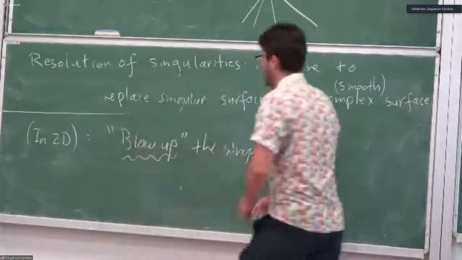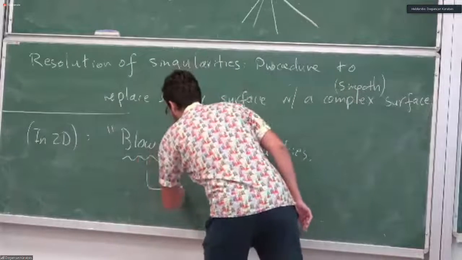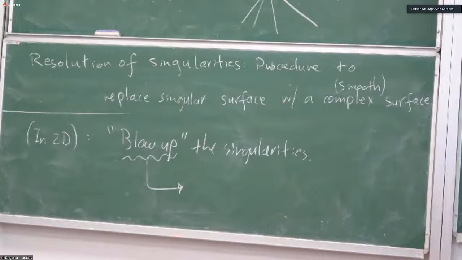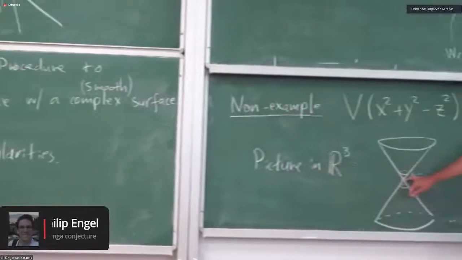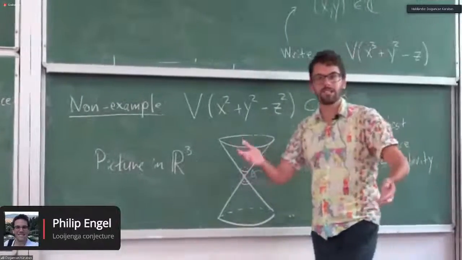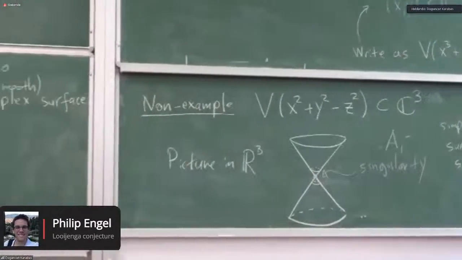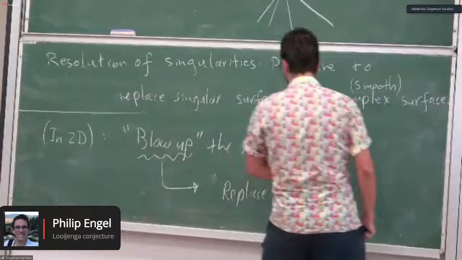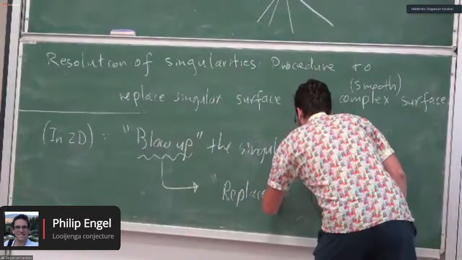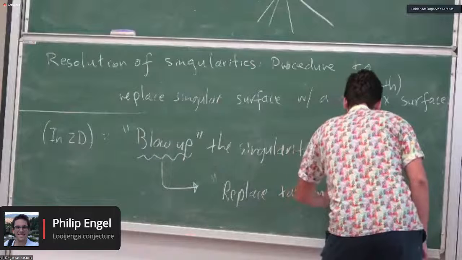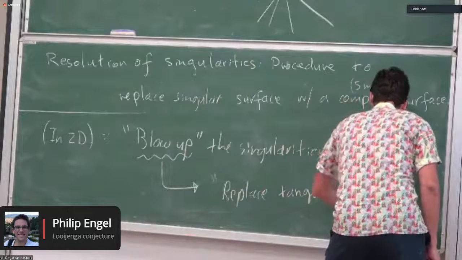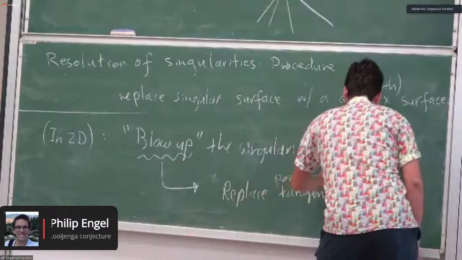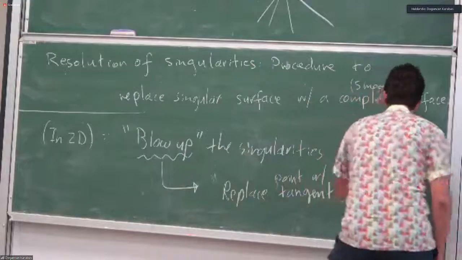I'm not going to define it carefully, but it's some sort of way to replace a point in a complex manifold with all of the tangent directions to the point. Sorry, replace a point with its tangent directions.